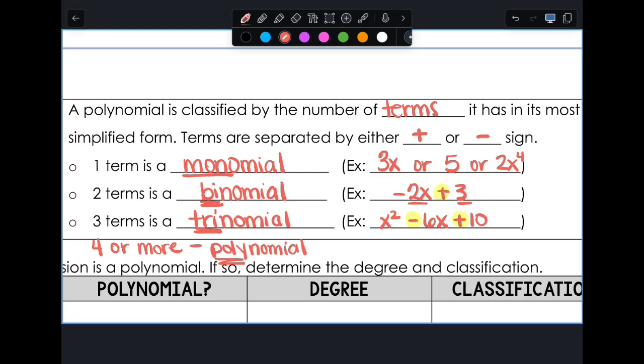Poly means multiple. All right. So, for this chart that we're going to fill out, we're going to state whether it is a polynomial, yes or no. Write the degree and then classify it, meaning these are the classifications right here, okay?